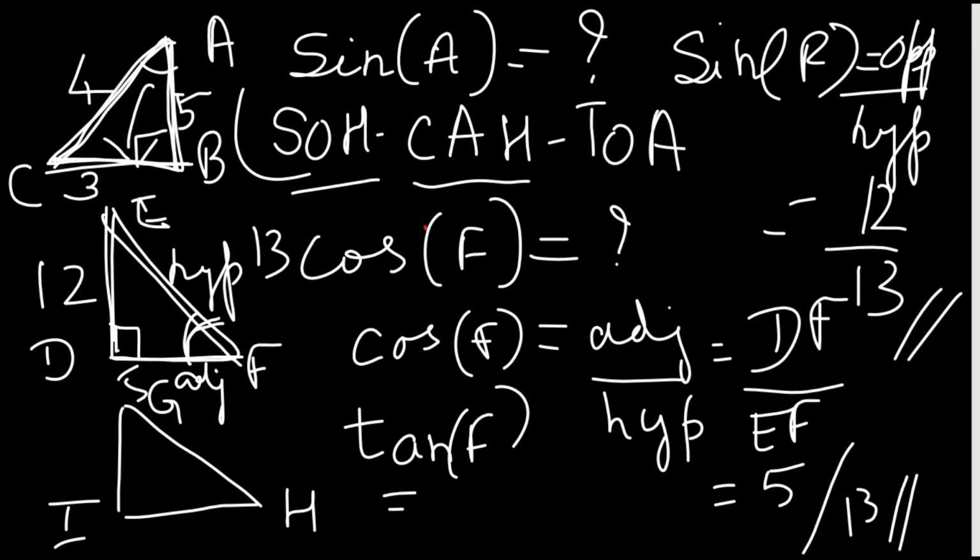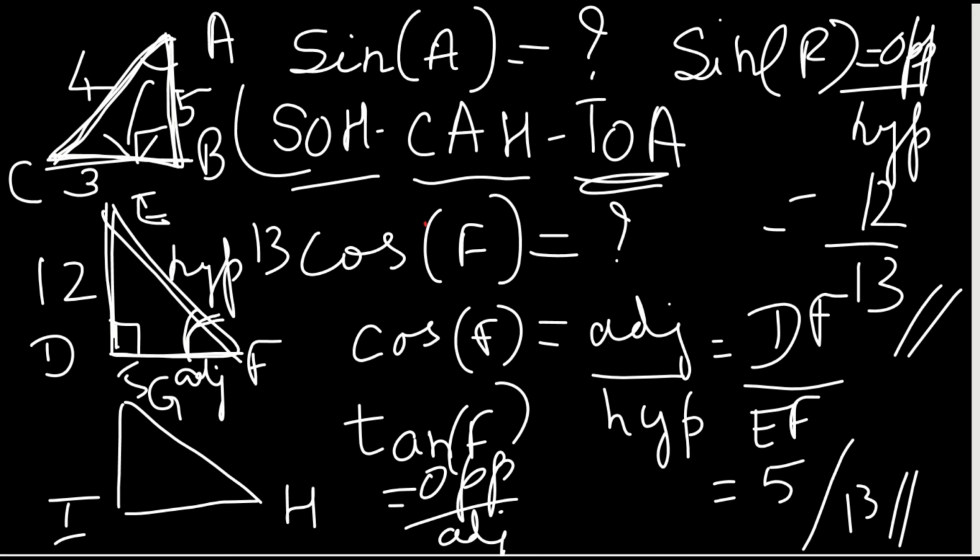Tan is nothing but, we can see in TOA, that is opposite by adjacent. So opposite of F is 12 and adjacent is 5. So this is our answer.